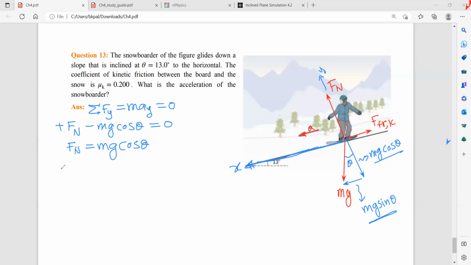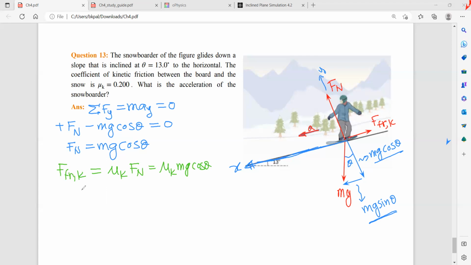Then what is the kinetic friction? Let's calculate the kinetic friction. The kinetic friction will be this one, frk, and it is mu k Fn, right? And this is basically mu k mg cosine theta.